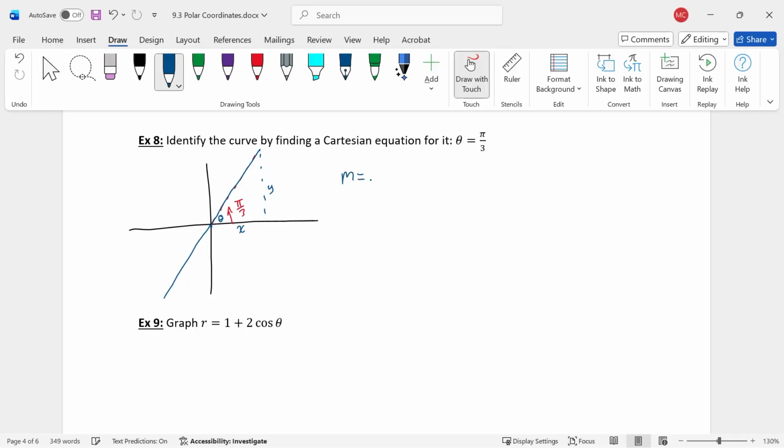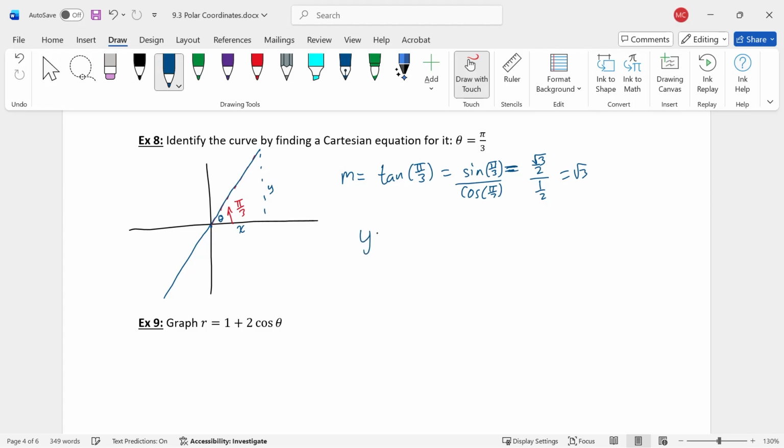So the slope of the line is tangent of pi thirds, which is sine of pi thirds divided by cosine of pi thirds. So altogether, that's the square root of 3 over 2 divided by 1/2, which is the square root of 3.